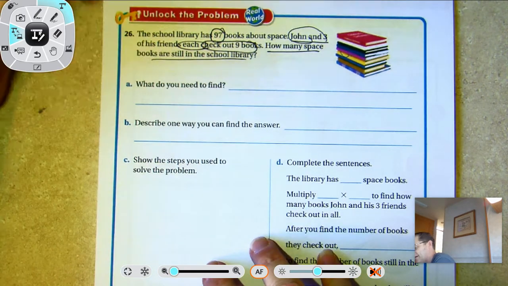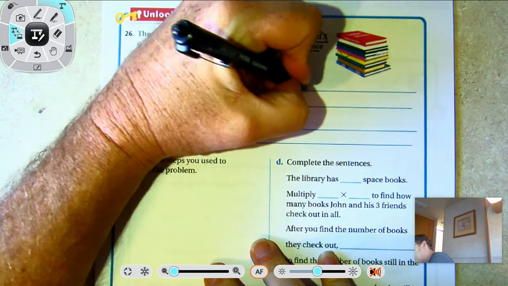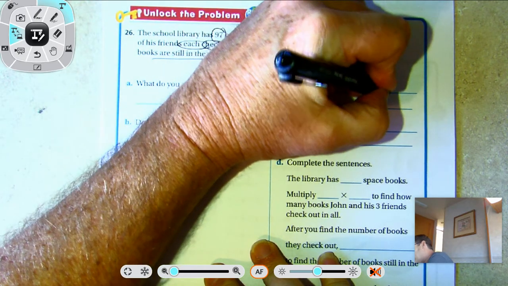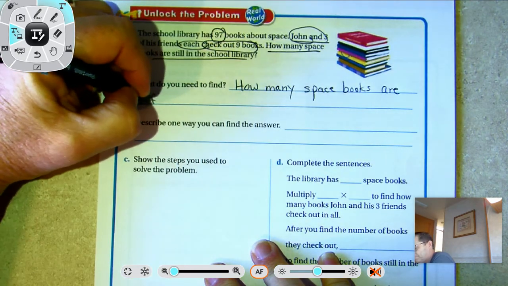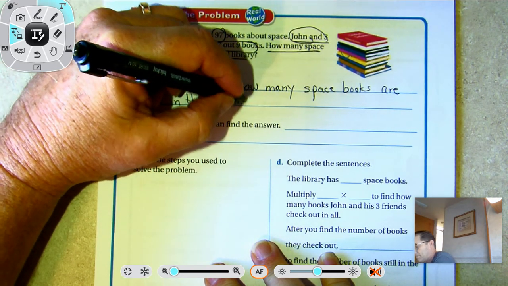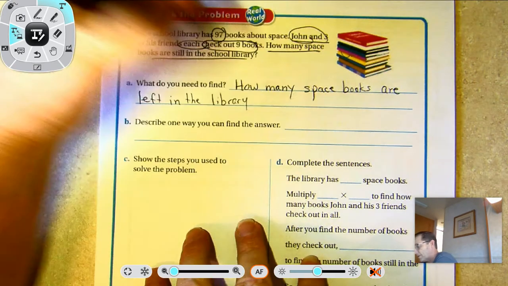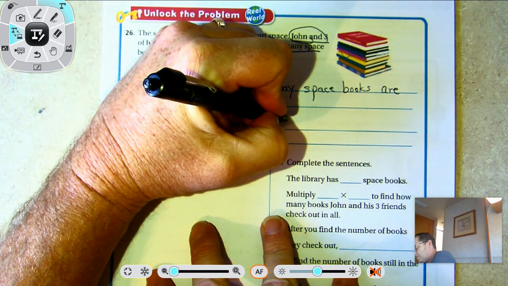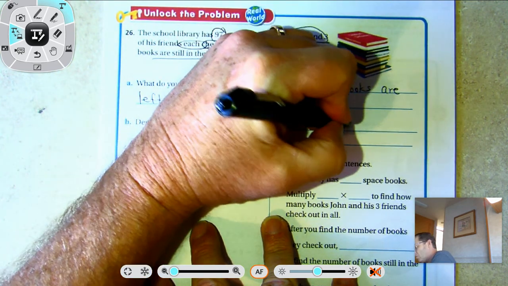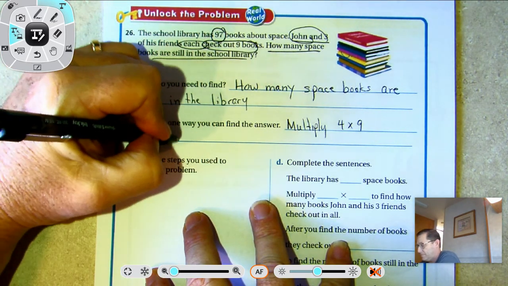So what do I need to find? I need to find how many space books are left in the library. Describe one way you can find the answer. Multiply 4 times 9 to get the number of books checked out.